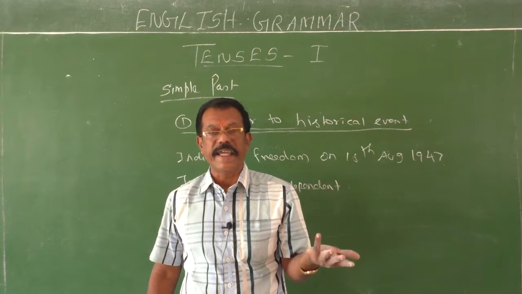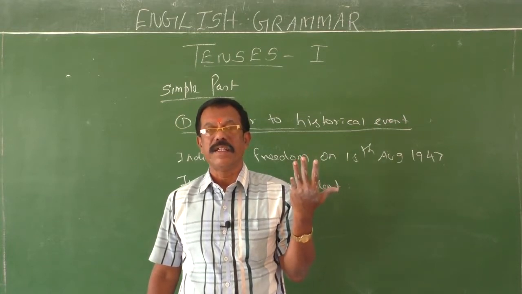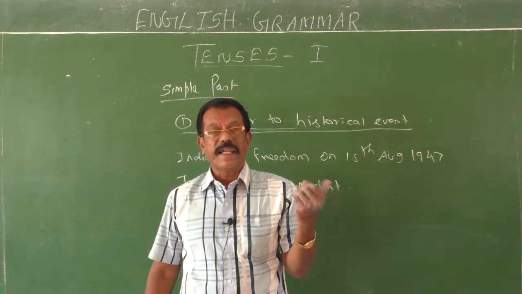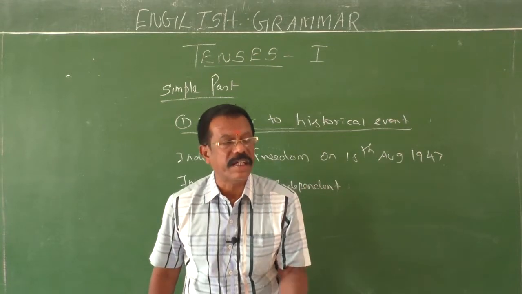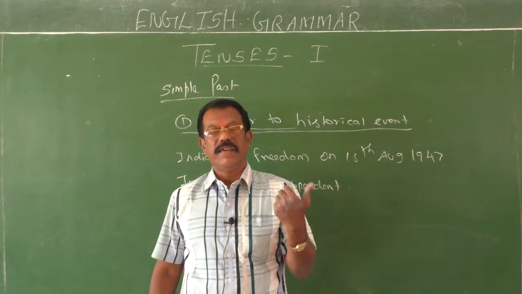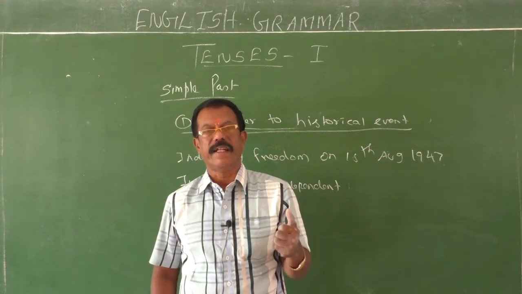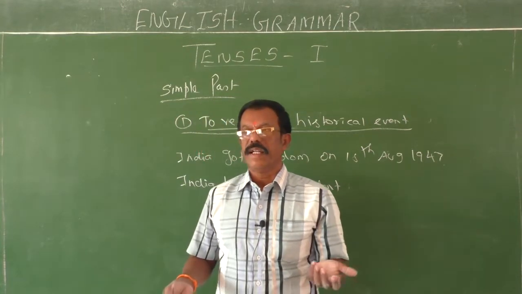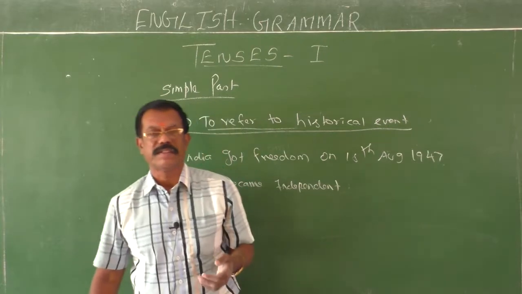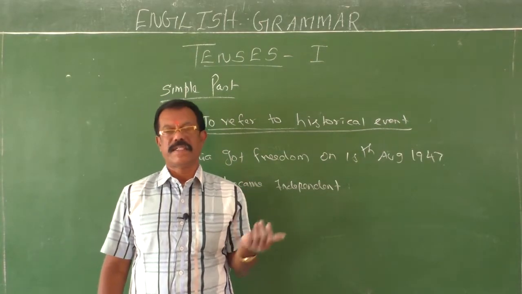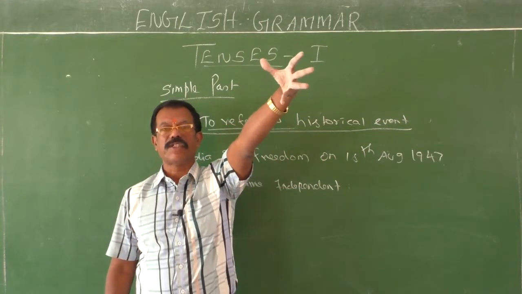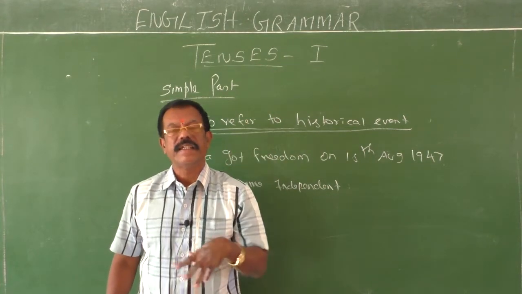So there was a king. He was called so and so. He hunted and he liked hunting. He went to forest to hunt animals. So whenever you like to narrate these stories, we have to use past tense. So the narration of the stories are done only in the past tense.